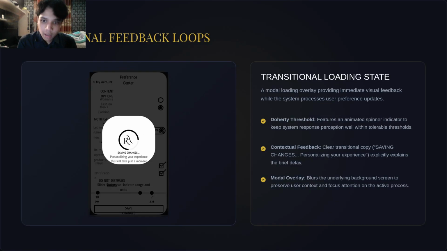Alright, in the next slide, transitional loading state. A modal loading overlay providing immediate visual feedback while the system processes user preference updates. Okay, we have Doherty threshold. Features an animated spinner indicator to keep system response perception well within the tolerable threshold.